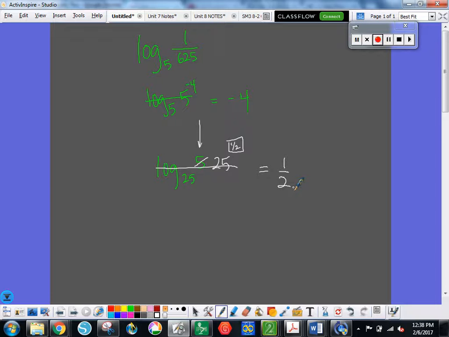The 1/2 power, x to the 1/2, is the same thing as the square root of x. If I rewrote something with a base 25, and I wanted my answer to be 5, I have to take the square root of it. So that's what it's doing.